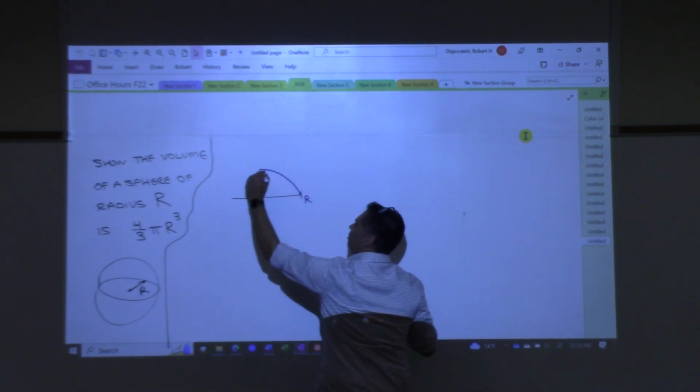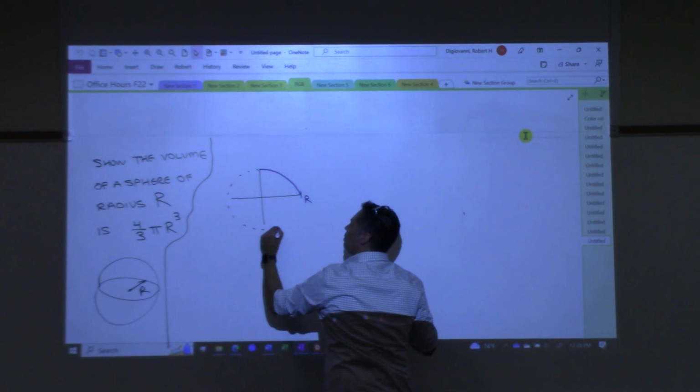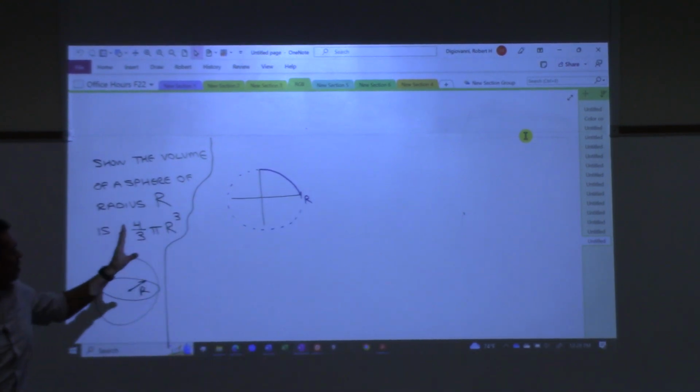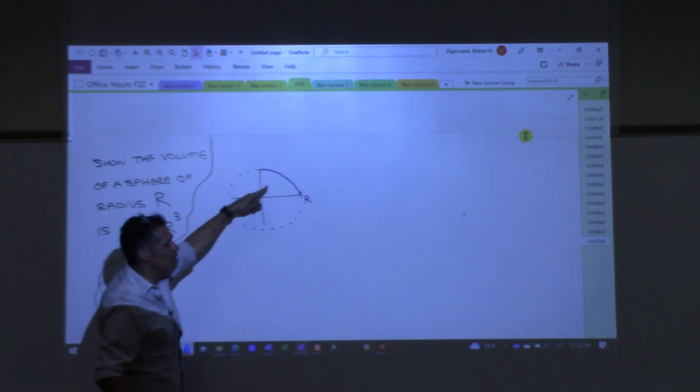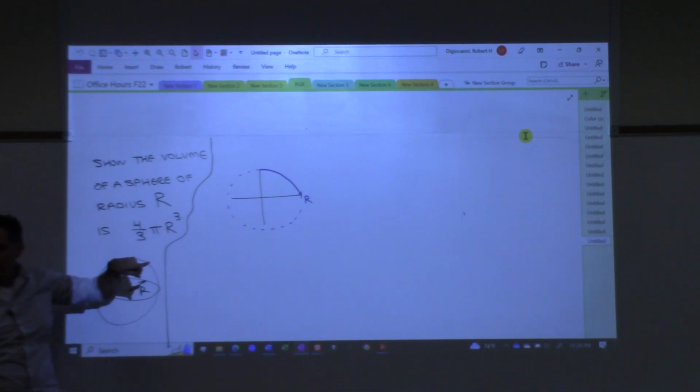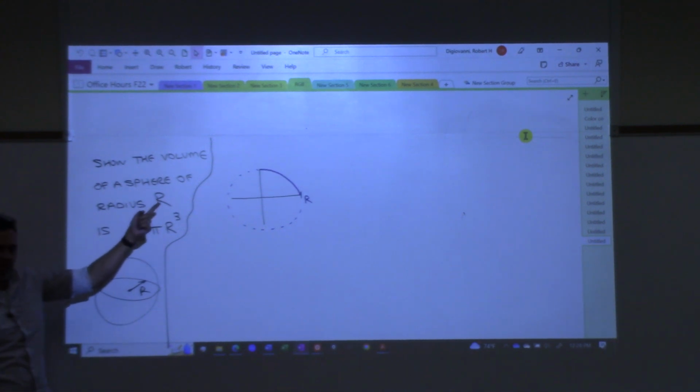Imagine a circle that goes all the way around. If I just look at the first quadrant of that circle and wrap it around the x-axis, don't I get half of this sphere? Yeah, you do. So why don't I just wrap that around the x-axis, and then whatever answer I get, I'll double it, and I'll see if it comes out to be this. Make sense?